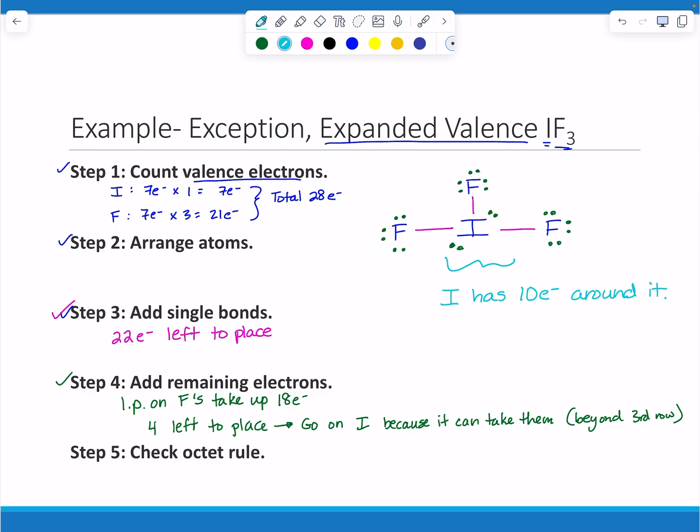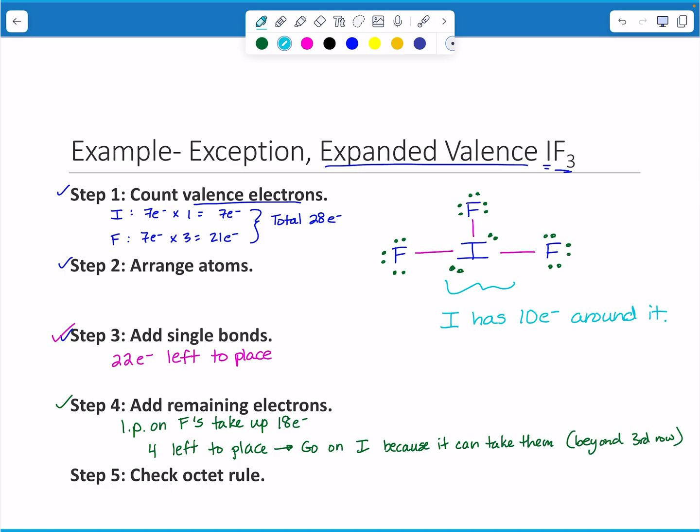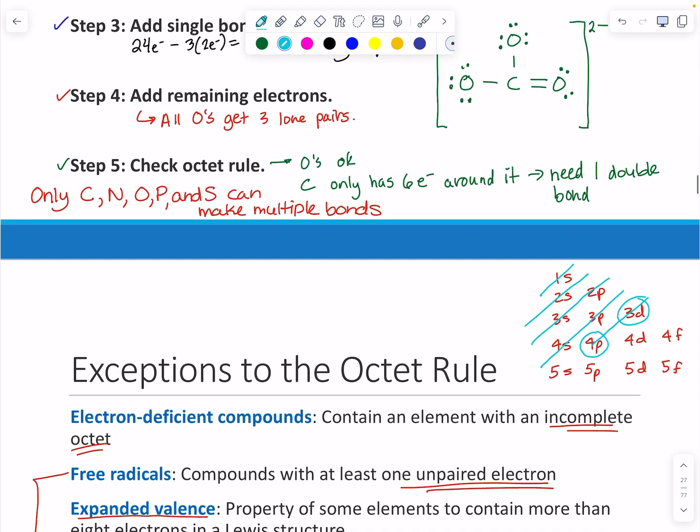First of all, iodine is way down the periodic table, so it's pretty large, and it's going to have empty d orbitals. Because if we look, iodine is element number 53, but it's in the 5th row of the periodic table. So that means it's going to wind up having 5 electrons in the 5p orbitals.